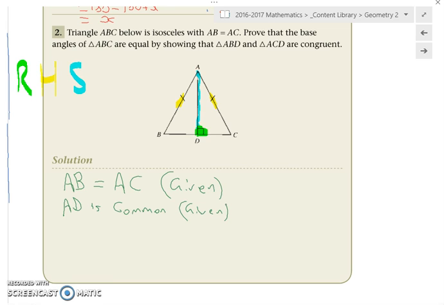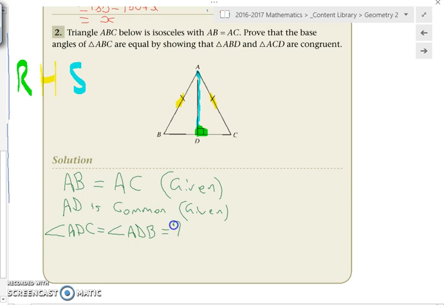Yeah, it's common. It's shared, but we call it common. We say common, but shared, we'd all know what it meant because it is shared between the two triangles. It means the same thing. And angle ADC equals angle ADB, which equals 90 degrees. Cool?